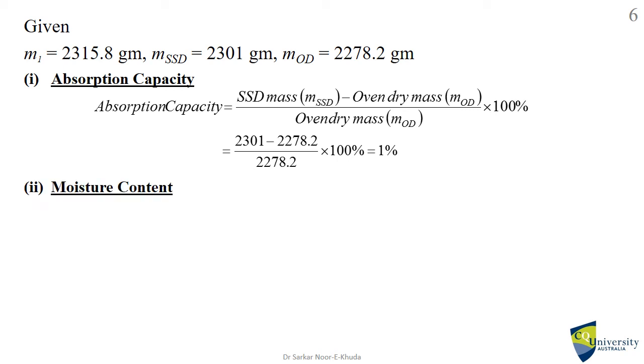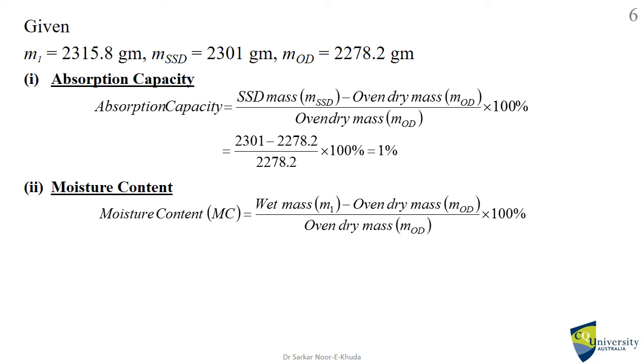Similarly, we measure the moisture content of the aggregate in the natural state using the moisture content formula. Use the value of M1 and MOD. Moisture content of the supplied aggregate sample is 1.65%. Let us now analyze the outcomes.